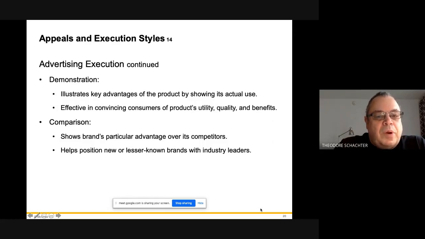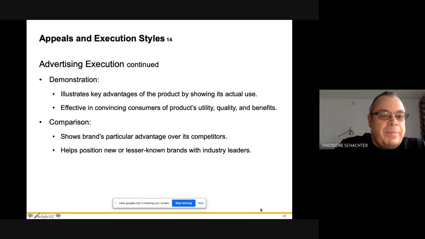Now, here's the interesting part. When you do a comparison, it's very easy. Why is this better than that? But you can combine a demonstration between two products. And they do this in infomercials a lot, where they show your vacuum cleaner versus the Shark vacuum cleaner.